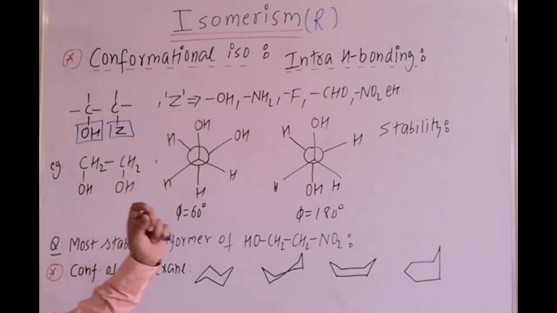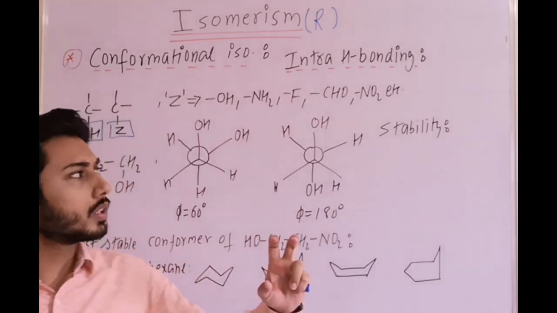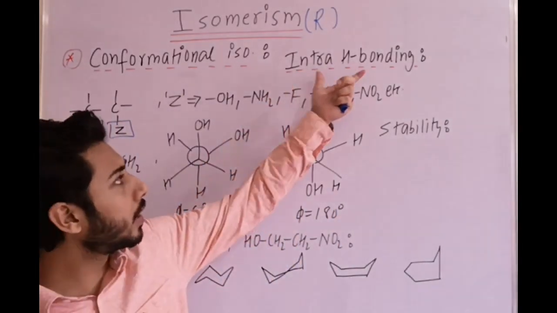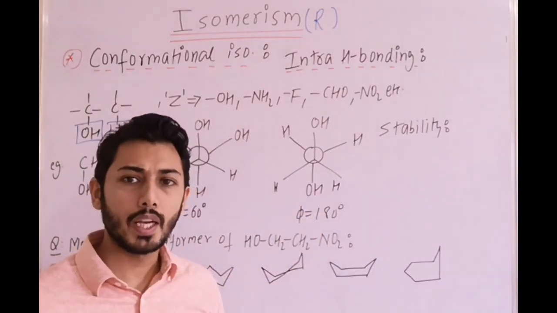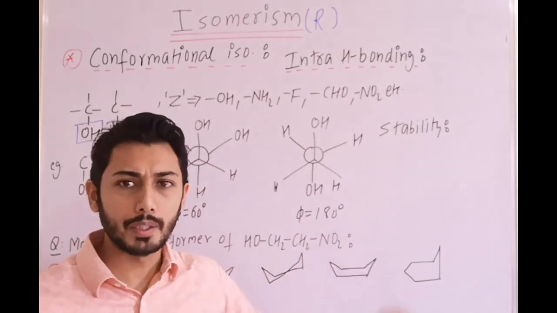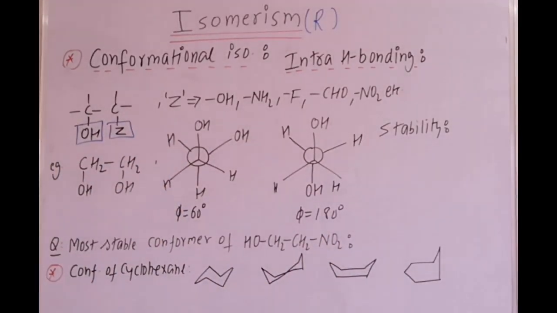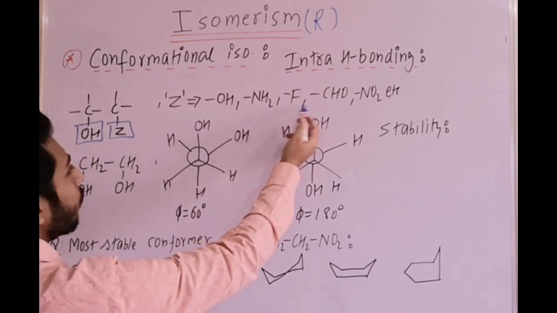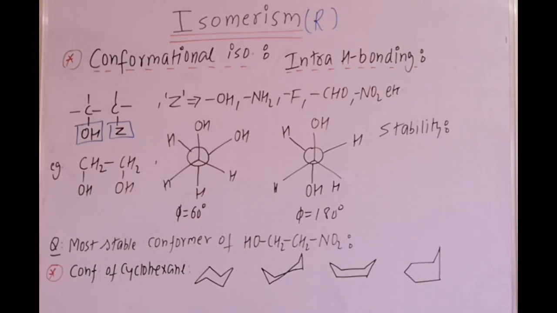Here we do very specific examples, not several examples, because the point is that due to intramolecular H bonding some extra stabilization takes place and that can be shown in the stability order. That is the only point. Okay, so Z can be OH, NH2, fluorine, CHO, NO2, carboxylic group, COO group.